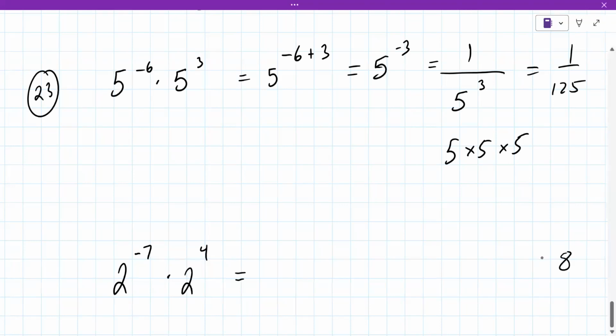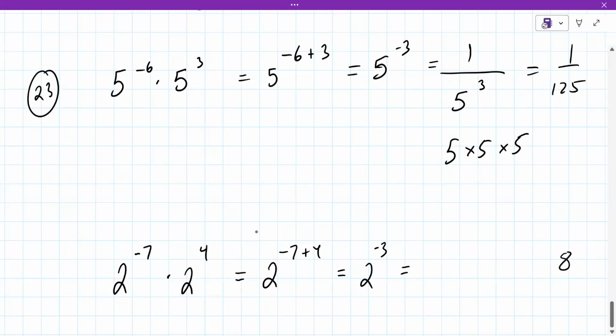8 is not correct. So tell me what you did here, because it sounds like you just rushed through it. It's not about getting the answer fast, it's about getting it right. What do we do to the exponents? You add them. Okay, negative 7 plus 4, what does that become? Negative 3. That's very different than positive 3. What does this become?